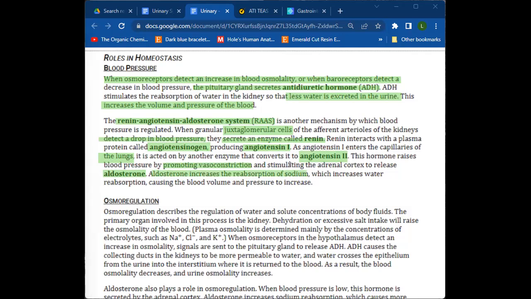And then the more sodium that goes back into the blood, then water will follow. Water always follows sodium. So if sodium is going back into the blood, so will water. And so then that's going to increase blood volume, which is then going to increase blood pressure.